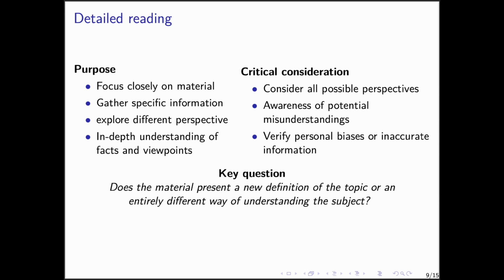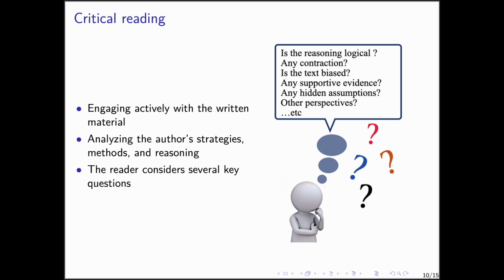Now we come to one of the most important academic skills at university: critical reading. Critical reading means engaging with the text actively. You don't just accept the information, you question it. You analyze how the author builds their argument.